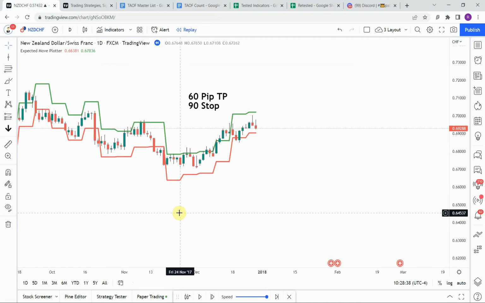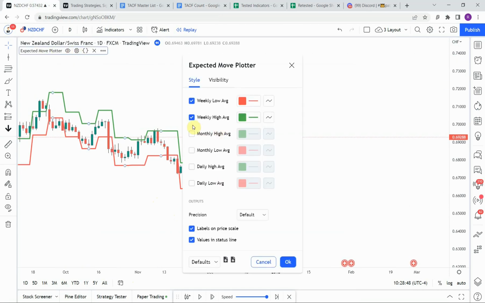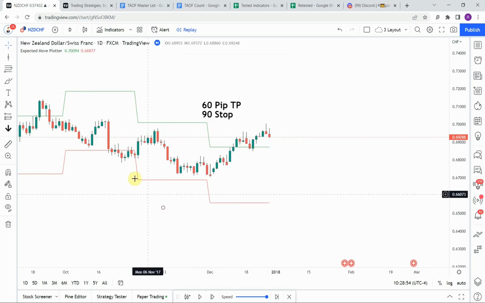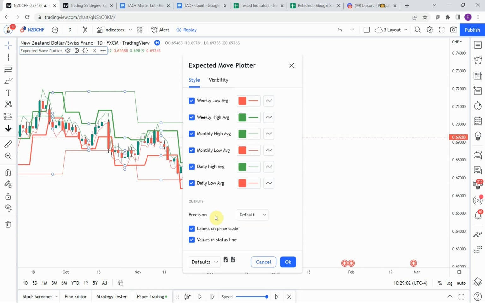Alright, so today's indicator is the expected move plotter. And so we tested this one on the last indicator video. And in that video, what we had was the monthly lines turned on. Default, it comes with all these checked like this.